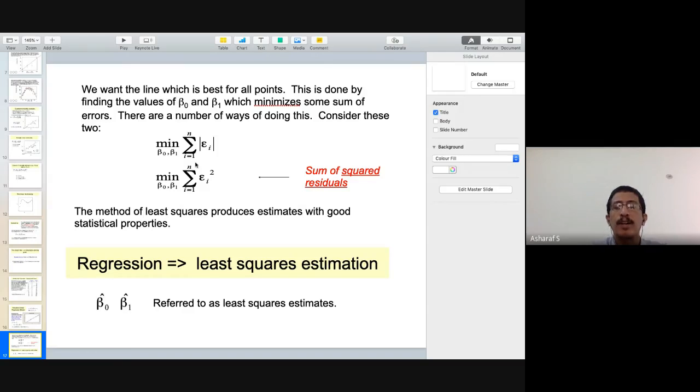Your error function is E equals the summation over i equals 1 to n of epsilon i squared, the sum of squared residuals. You want to minimize E, finding beta 0 and beta 1 so that the residual error is minimized.